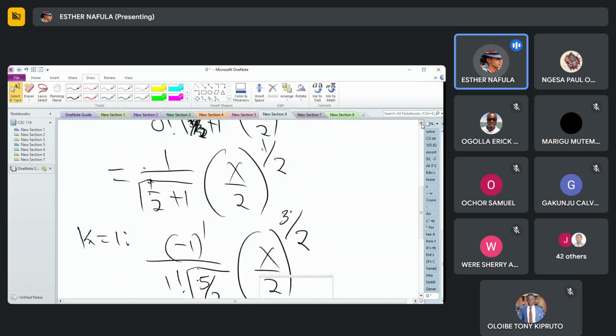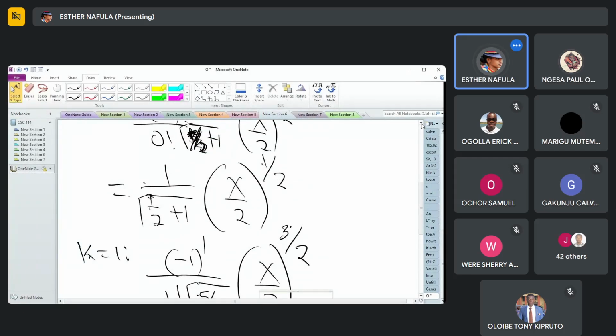Okay, for k equals 0, do you have the right thing? Yes. 1 over gamma of 3 over 2. Let me just write it here: 1 divided by gamma of 3 over 2, times x over 2 raised to power half.